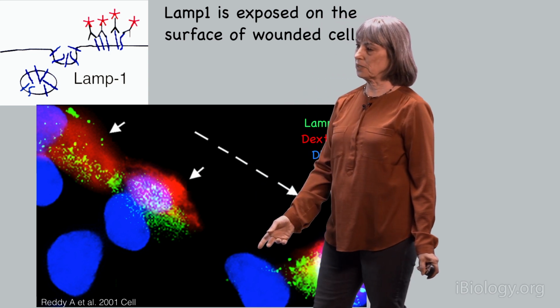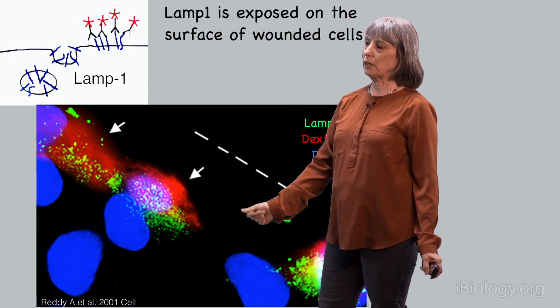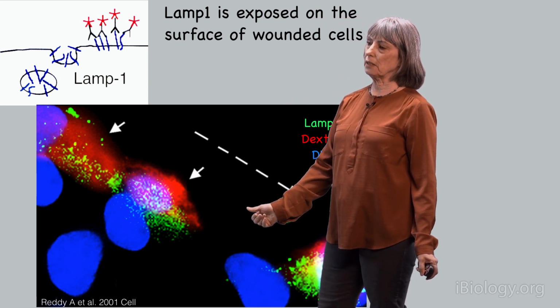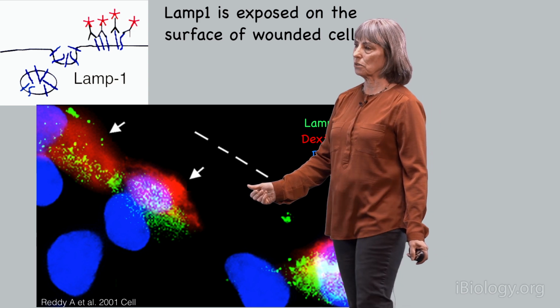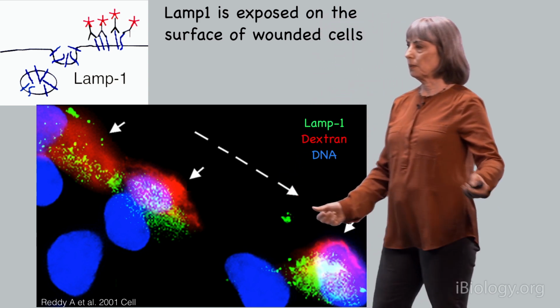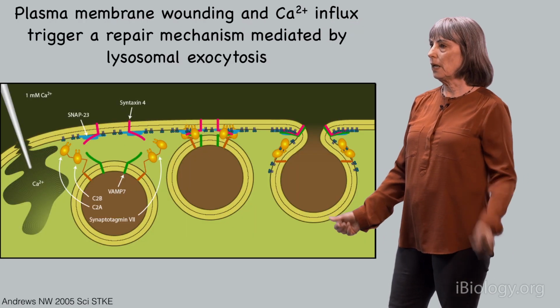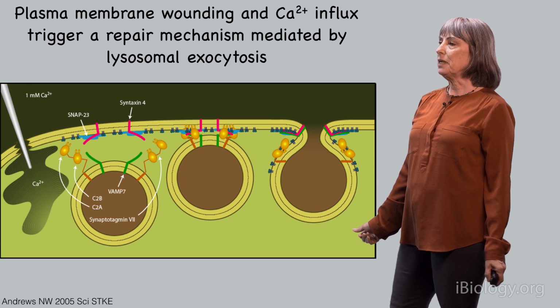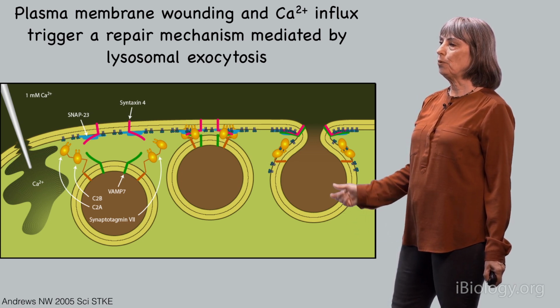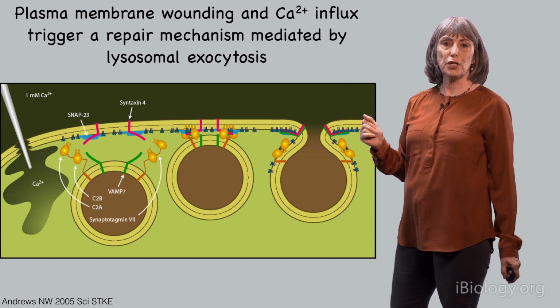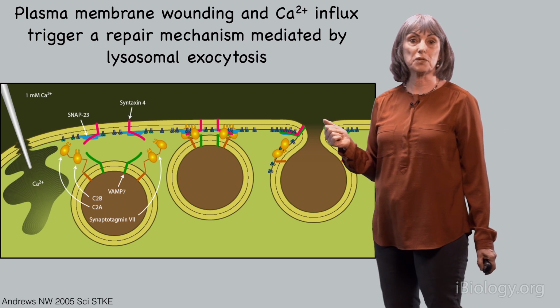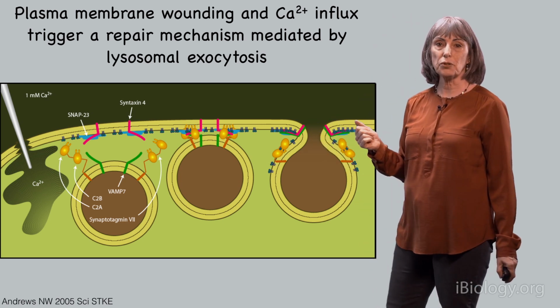So these cells with the blue nuclei showed that they were not injured in the process and they did not undergo lysosomal exocytosis. Over the years, we really investigated this process in detail, and we found that we could manipulate the molecular machinery responsible for lysosomal exocytosis.